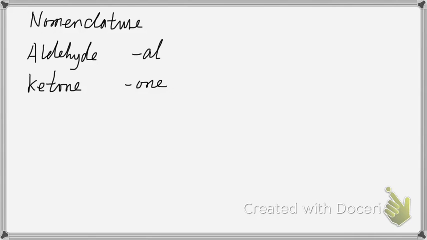The names of aldehydes will be quite similar to those for alcohols, which end with -ol. The ketones will have the -one ending to replace the -e ending in alkanes.